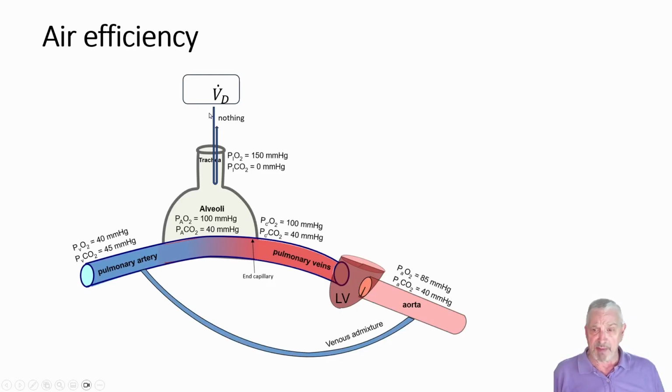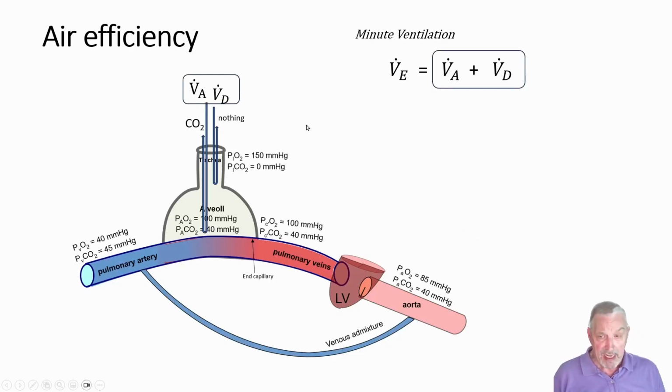And so when it comes back out, it has just as little CO2 as it had when it went in. And we can recognize that alveolar ventilation and dead space ventilation, when added together, make up the total ventilation, which we call minute ventilation, or V dot E.